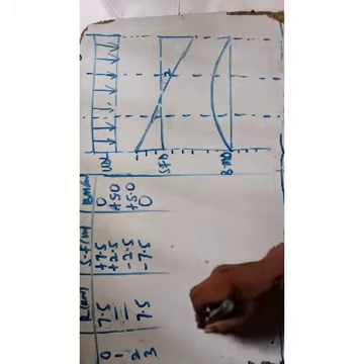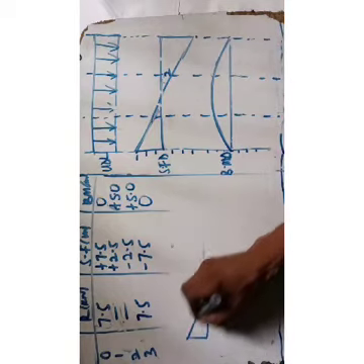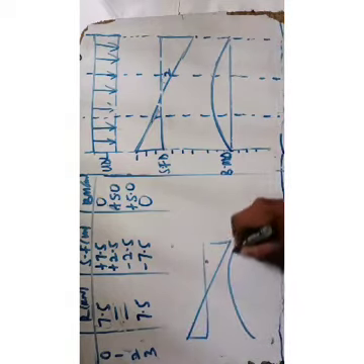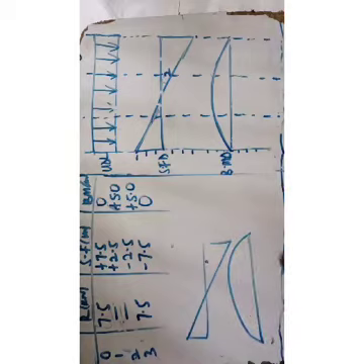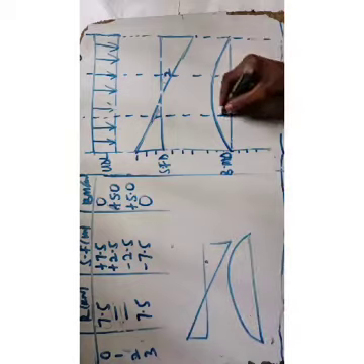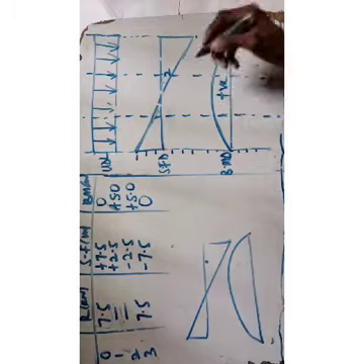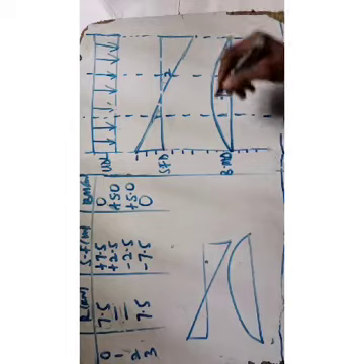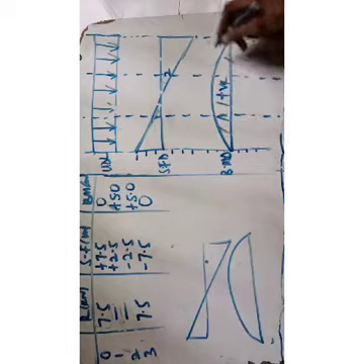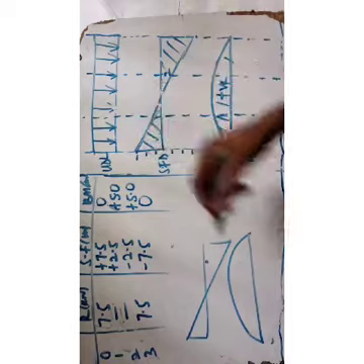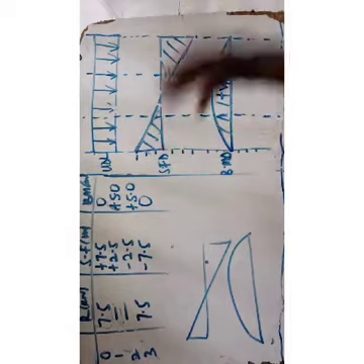It will be like this. Okay, and that is positive. So you can have it as positive, and this is it. So you can shade it, and so that is that for UDL.